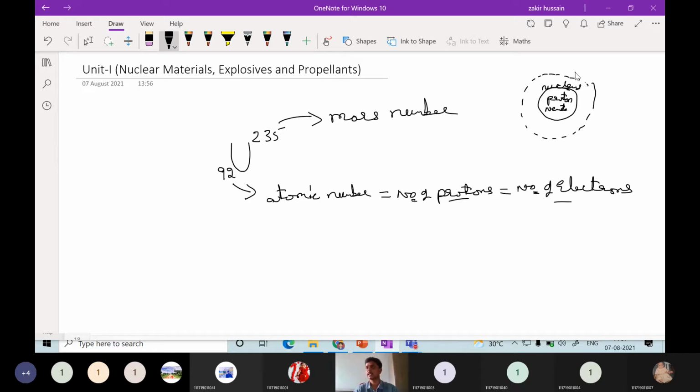Around this nucleus there is a revolving electron cloud, so electrons will be there. Together all this we call an atom.